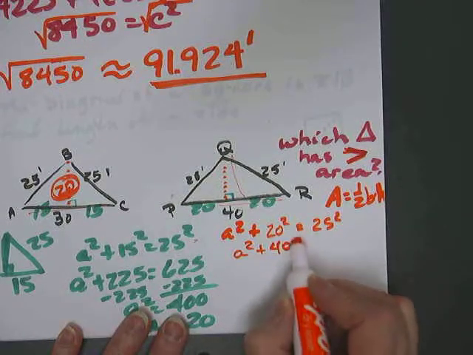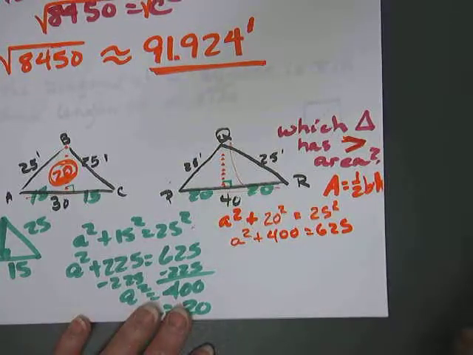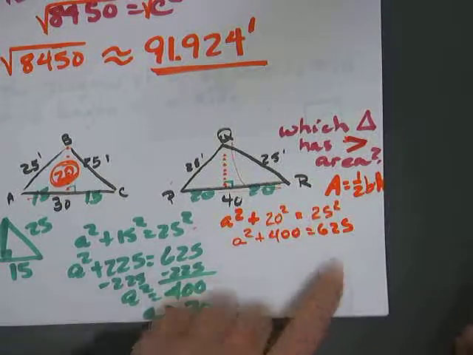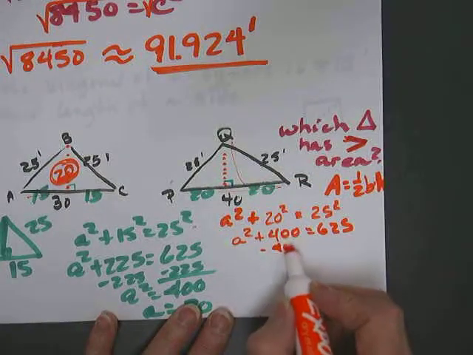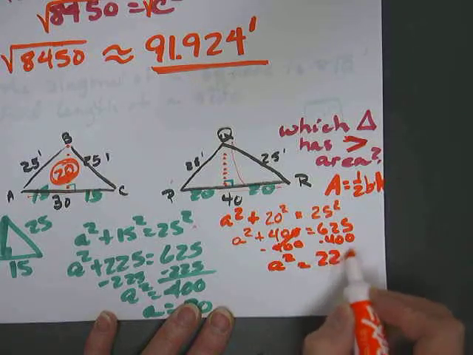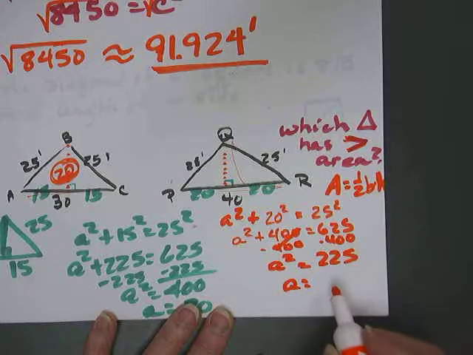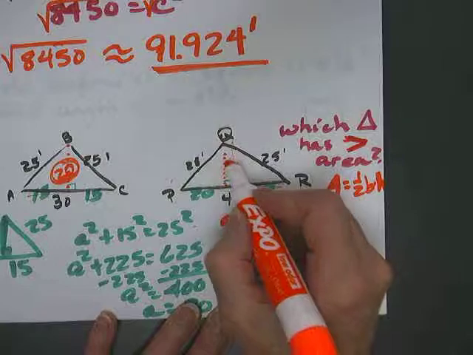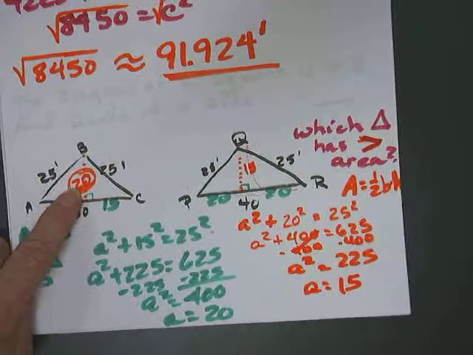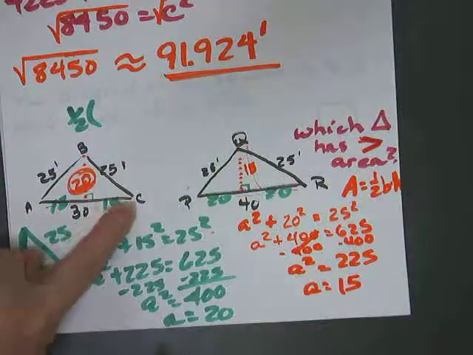This one we have A squared plus B squared equals C squared. So A squared plus 400 equals 625, right? 20 squared is 400, 25 squared is 625. Subtract 400, A squared is 225. So what's A? 15.